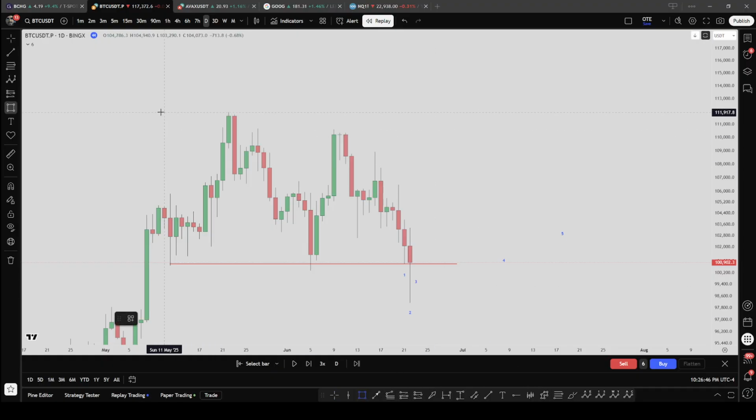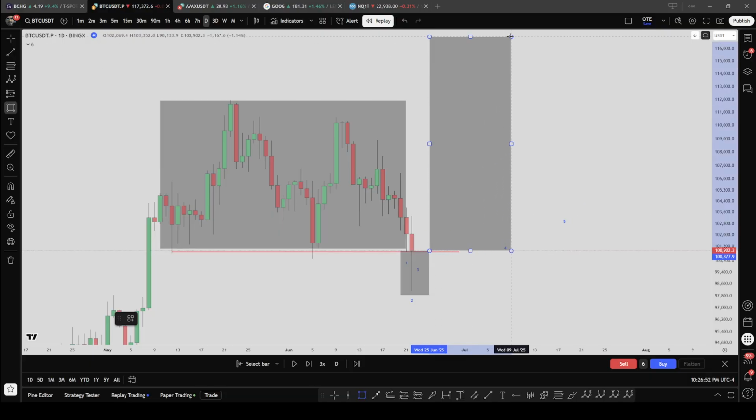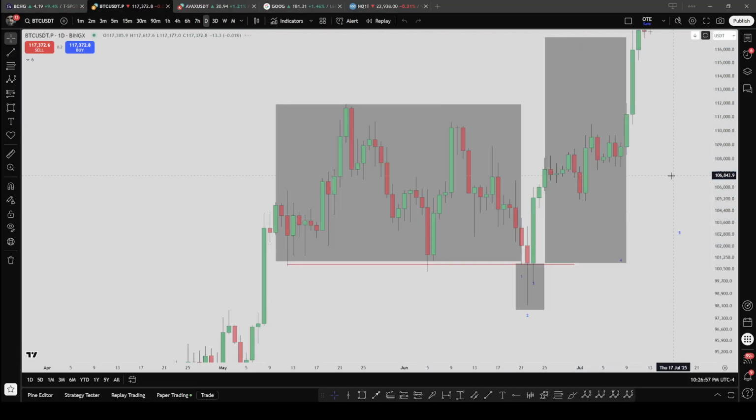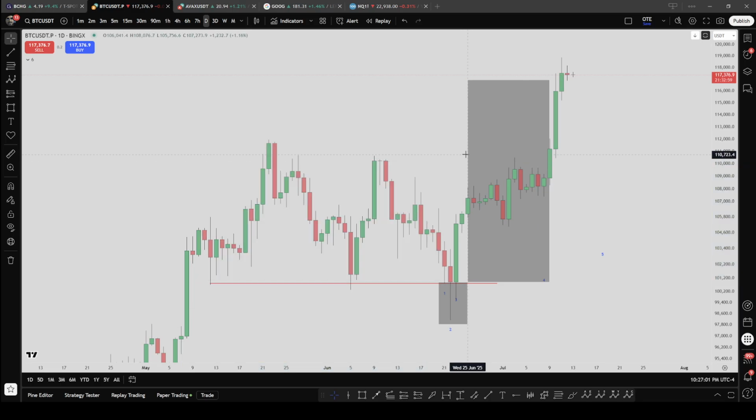So you have accumulation, then you have manipulation, you have distribution. If I exit this out, that's basically the same, it's AMDX, power 3.